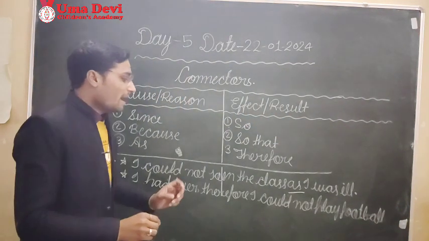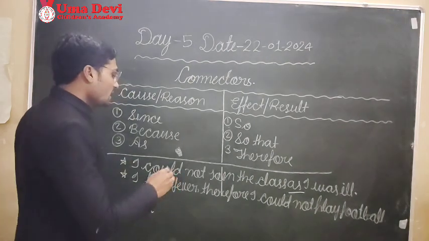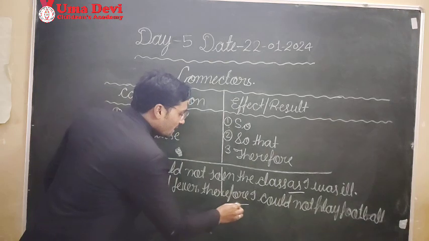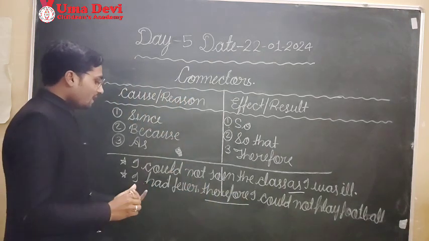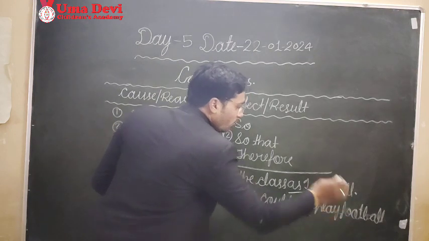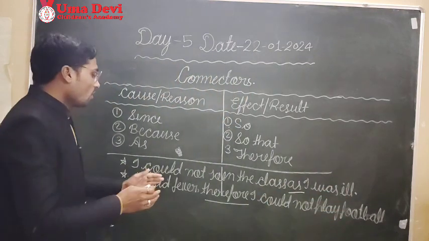Now we have to focus on the word which is joining two sentences together. Here the word is therefore. It is connecting I had fever to I could not play football.